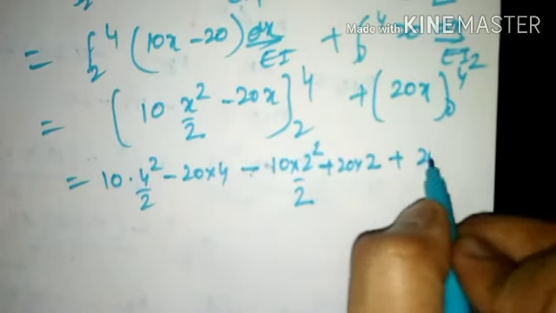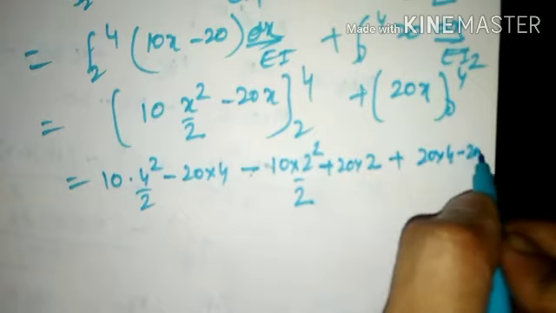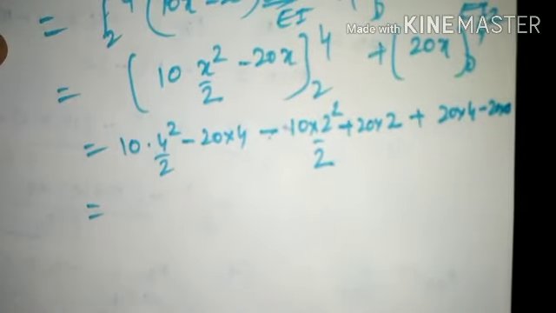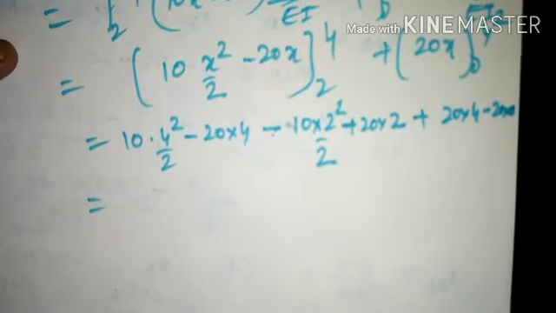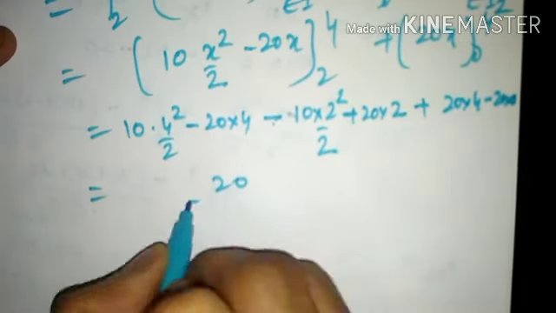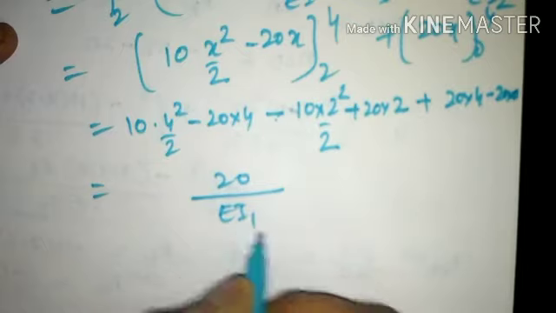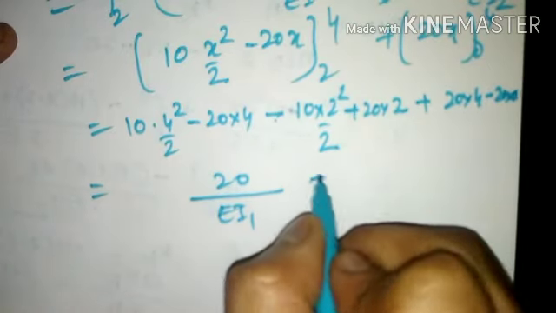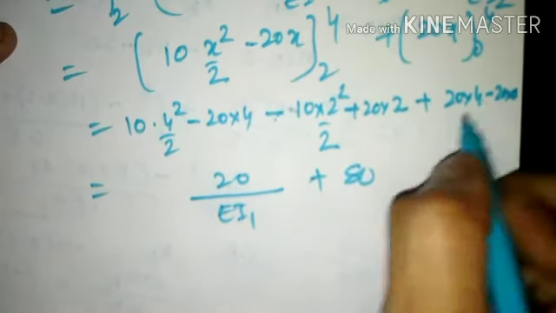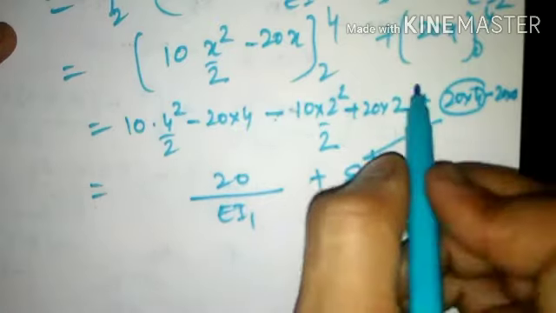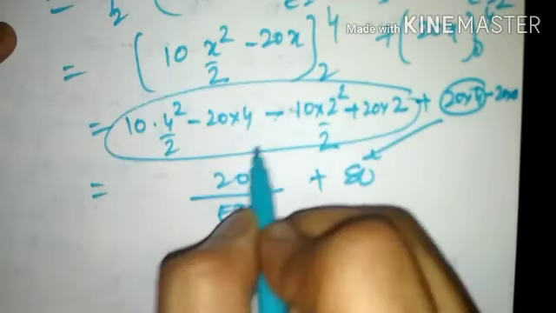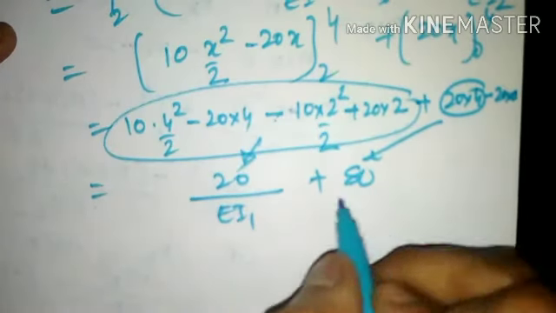The second term will be 20 into 4 minus of 20 into 0. So after substituting this whole term, the first term shall come as 20 divided by EI1. Then the second term shall come as 80, that is 20 into 4.